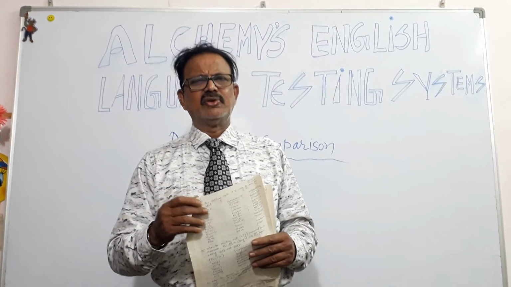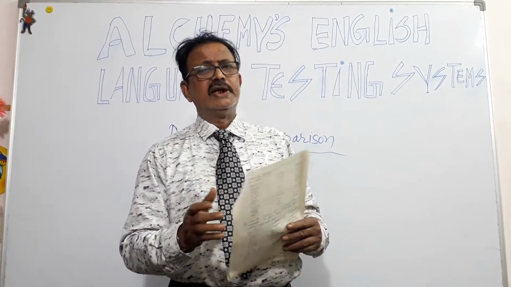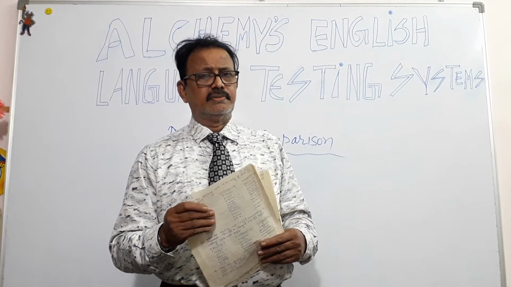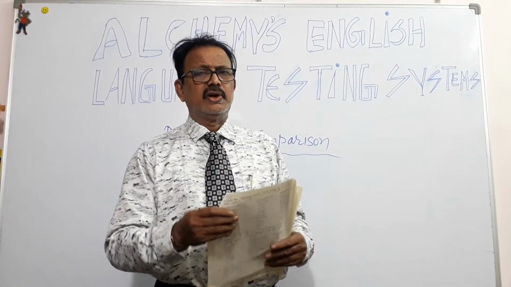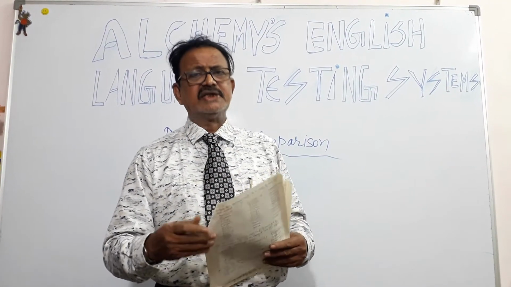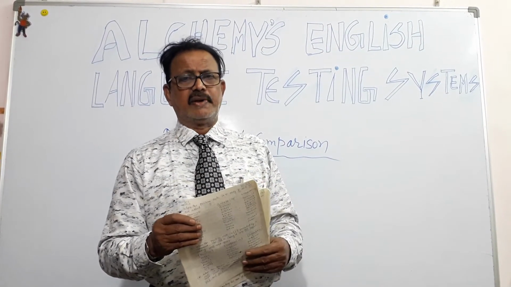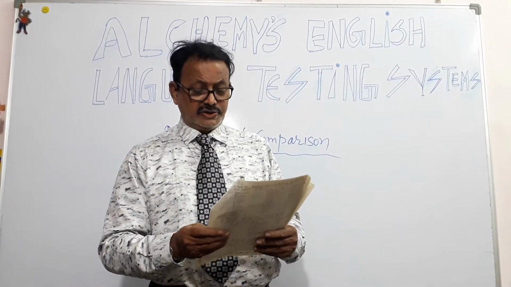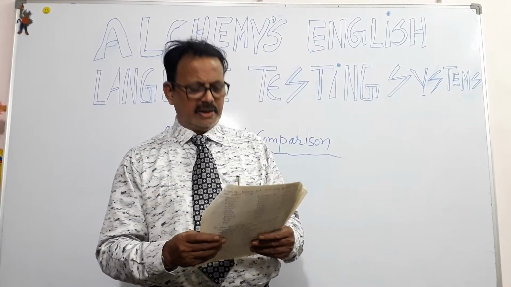Let us see some thumb rules which the world is following, how these adjectives are formed. So I'll just let you know what is generally customary around the world in the case of degrees of comparison. Formation of comparative and superlative, how we form it.